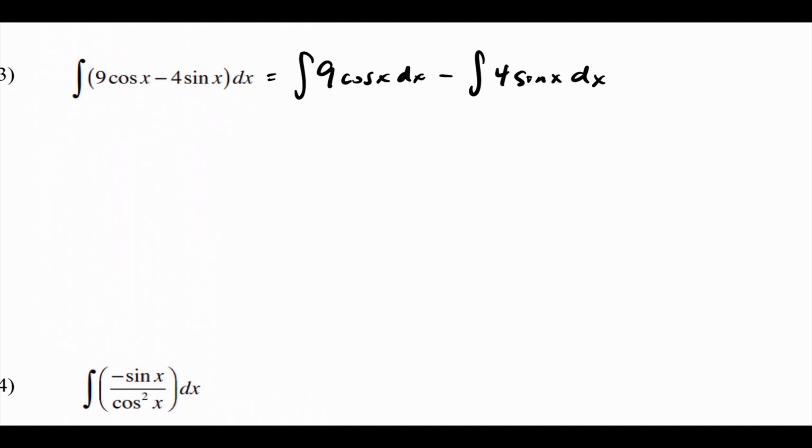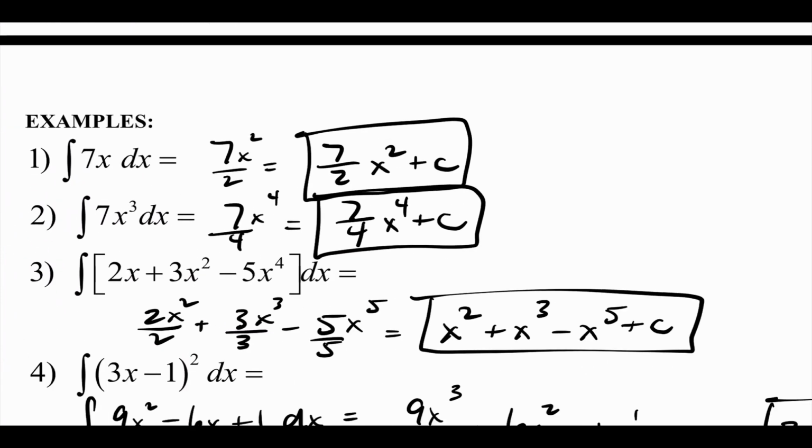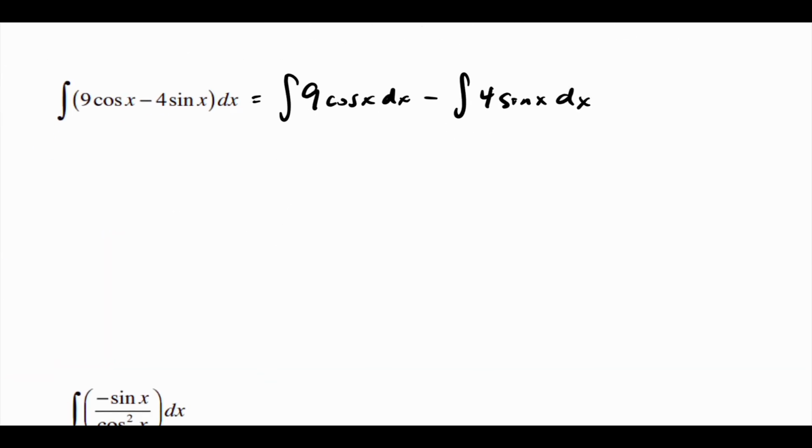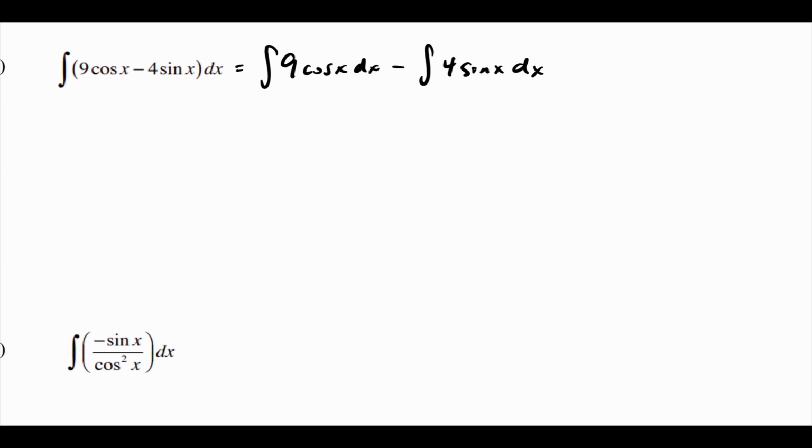You can do that. Rule number 4 said you can separate them if you're adding or subtracting 2 separate functions. It's the same rule with derivatives; you can do that as well. So now I just have 2 smaller problems.